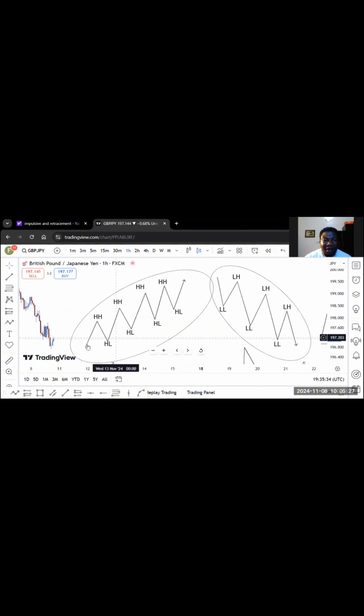So basically, an uptrend is when the market is making a series of higher highs and higher lows. And this is a clear characteristic of an uptrend, okay? The market will be breaking structures to the upside like this.